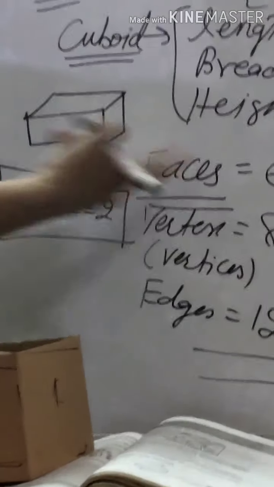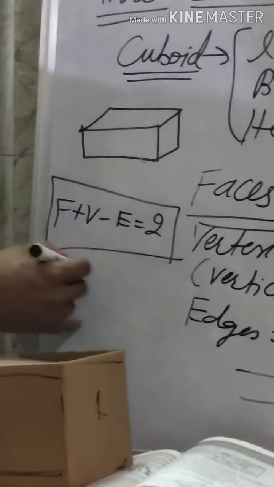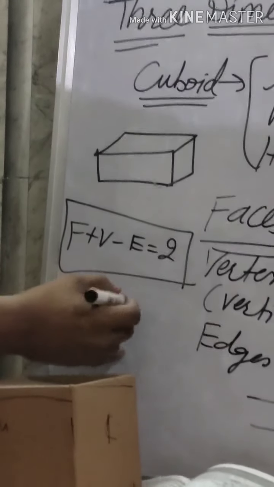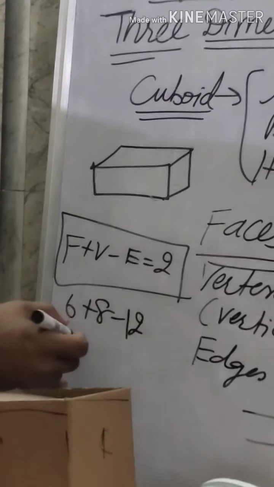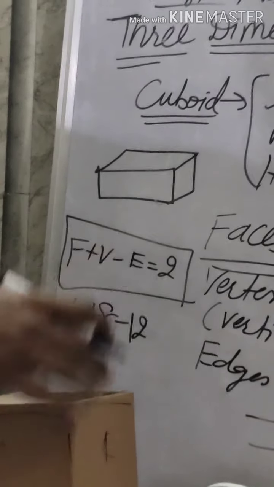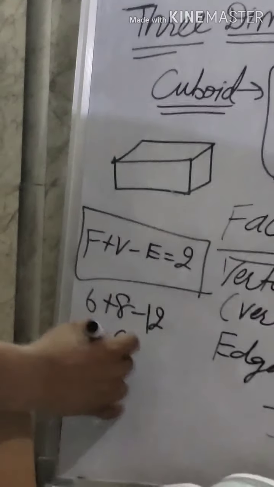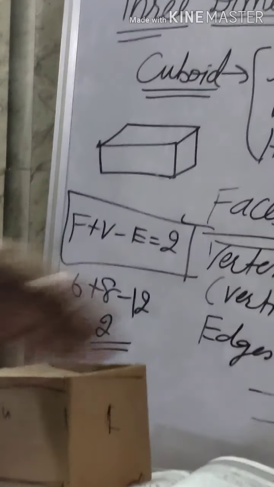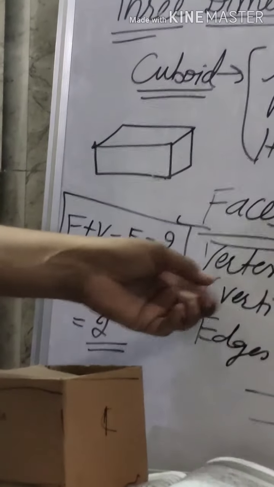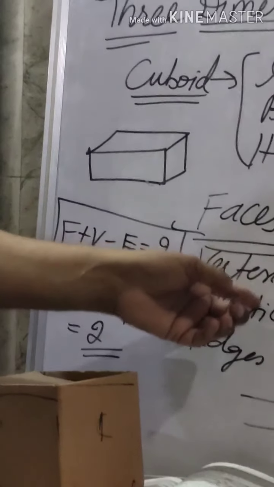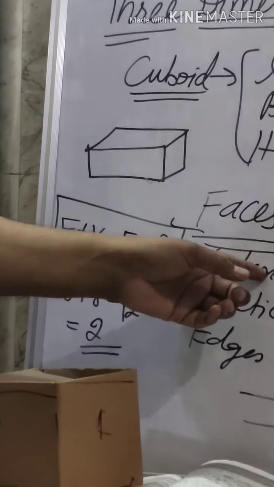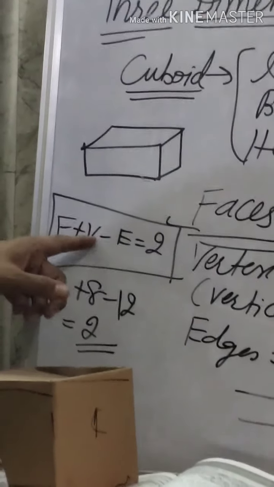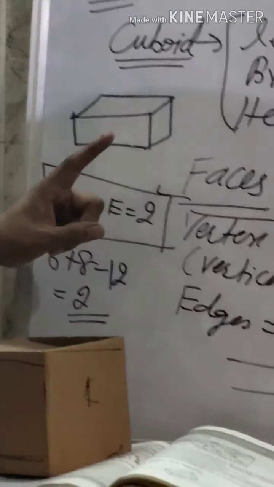If faces are 6, plus vertices are 8, minus edges that is 12, you can see it is 8 plus 6, 14, minus 12, that is 2. Please verify this. So we can verify that these solid shapes satisfy Euler's formula. Understand? Faces plus vertices minus edges is equal to 2.